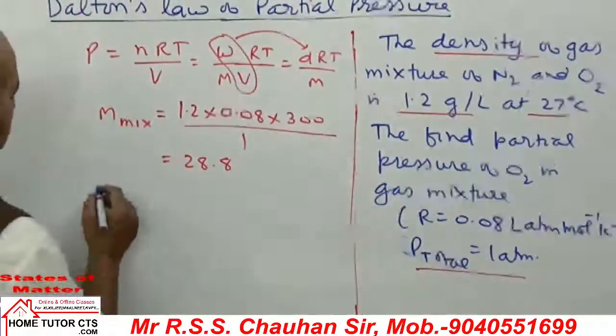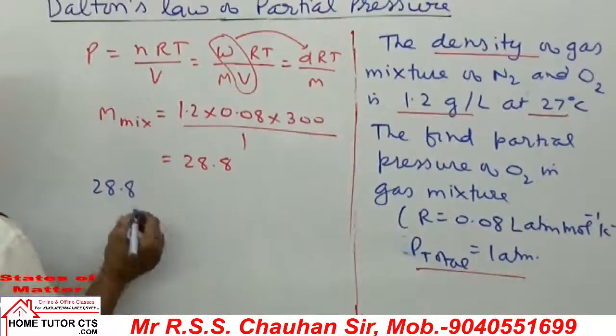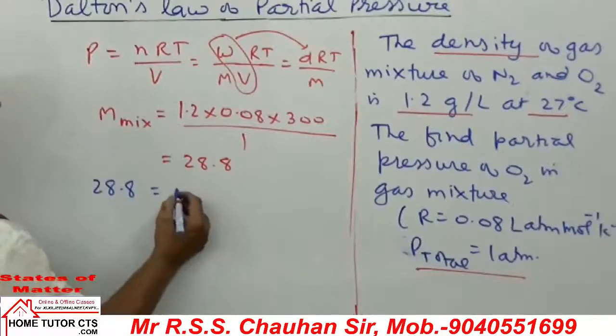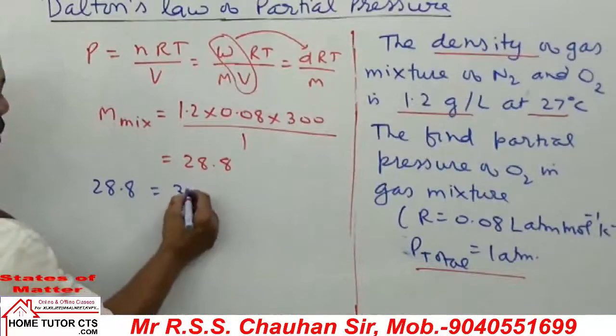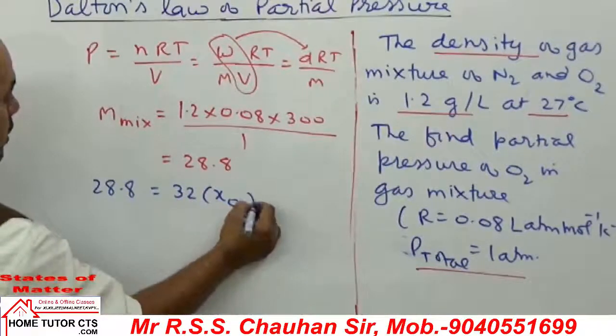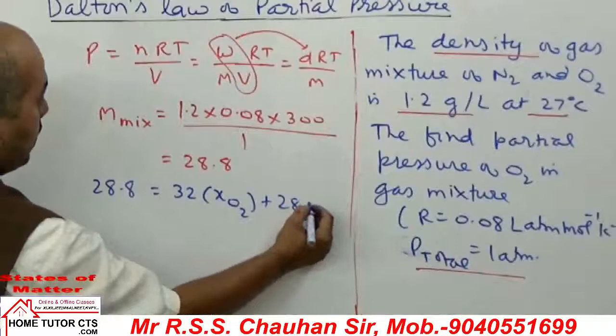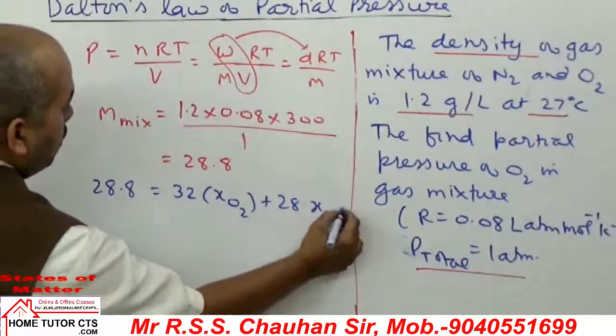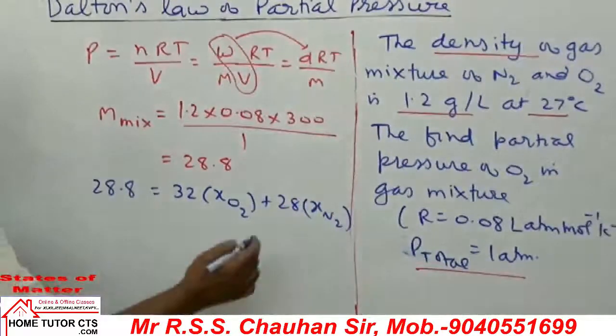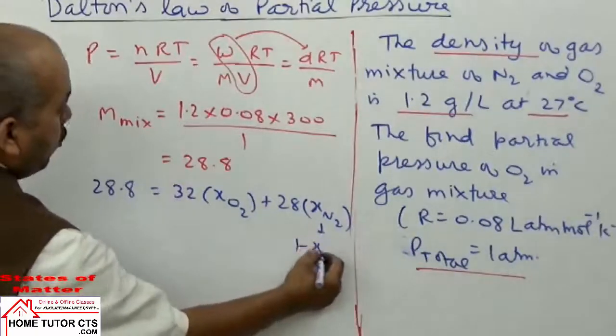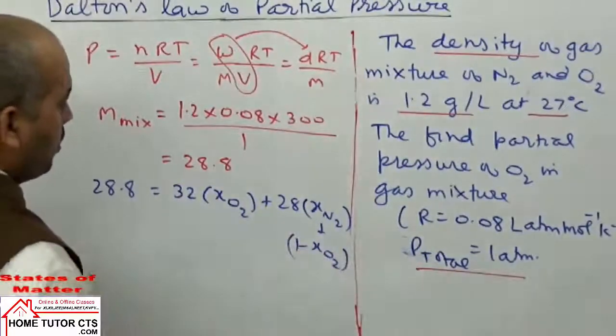So when we equate, 28.8, which is M mixture, is equal to the molar mass of oxygen 32 into the mole fraction of oxygen plus 28 into the mole fraction of nitrogen. Now what is the mole fraction of nitrogen? It can be taken as 1 minus xO2.